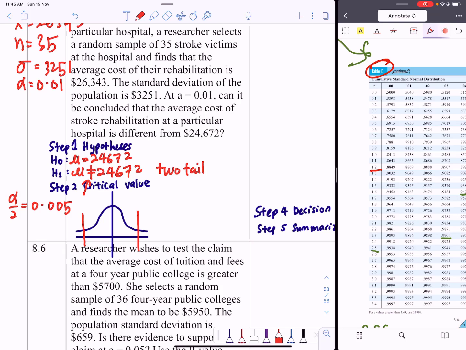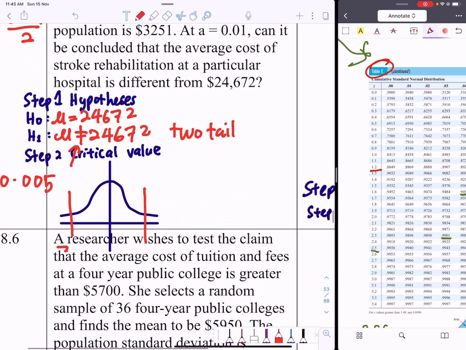How do we get 0.005? We divide alpha by 2. Clear? So for z alpha divided by 2, here we have the area of 0.005.